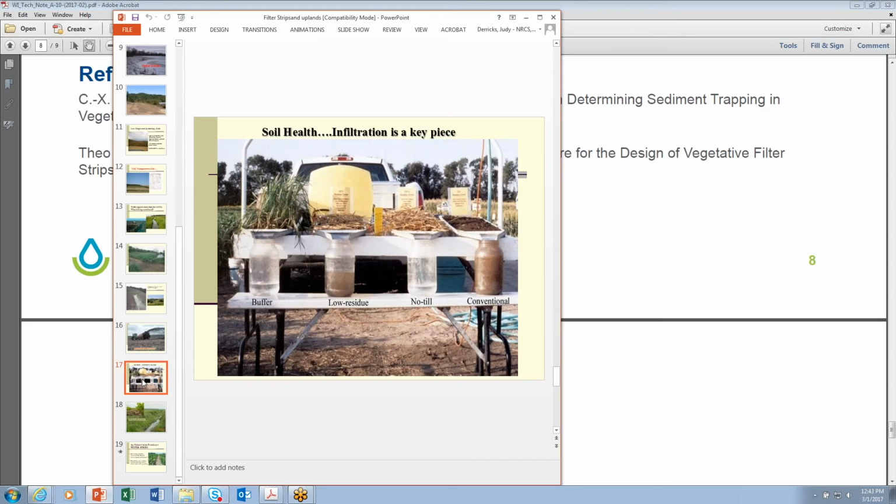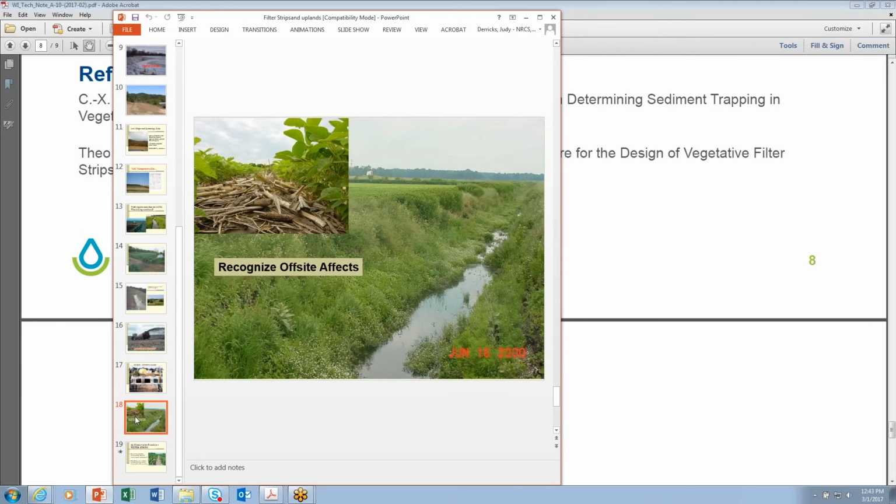So I can't say enough that understanding infiltration and doing everything we can to make sure we have good infiltration on those uplands and that soil health is being addressed and is part of our planning process is going to take us a long way to making sure that our filter strips are functioning as well. So soil health needs to be part of every single practice standard, and that's me on my soapbox again. But I really truly believe that.